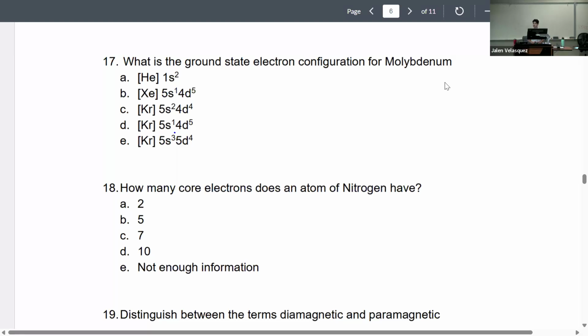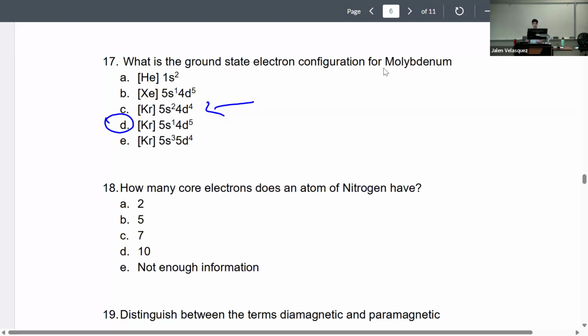Raise your hand if you think it's C. Raise your hand if you think it's D. It's D. Remember, molybdenum is one of those weird ones that is an exception to the electron filling. If you look at the periodic table, you would expect it to be answer C, because it's in the D block, 4 spaces over.